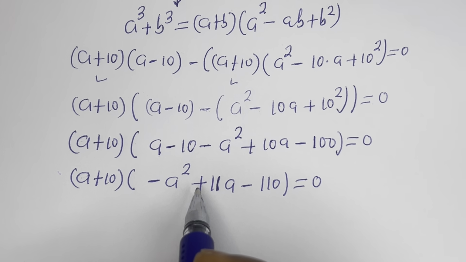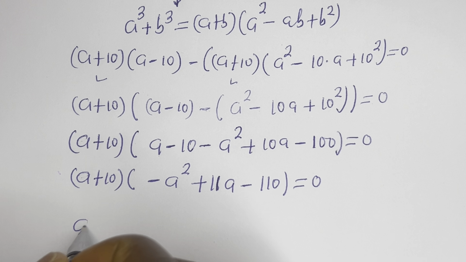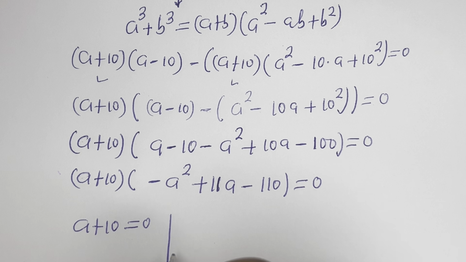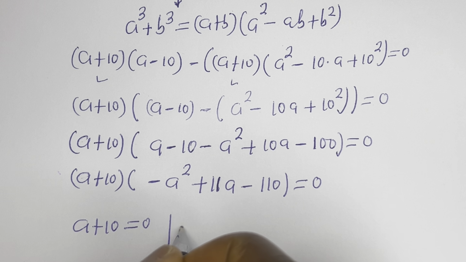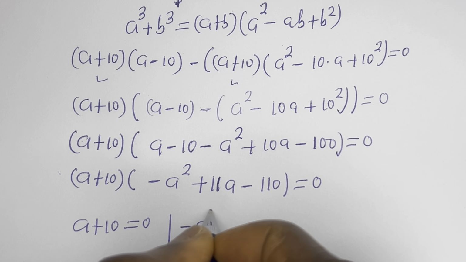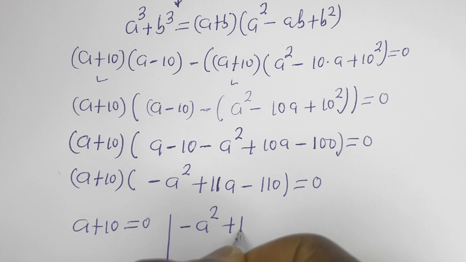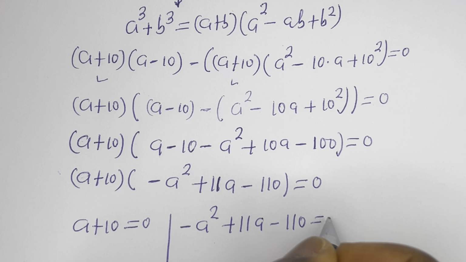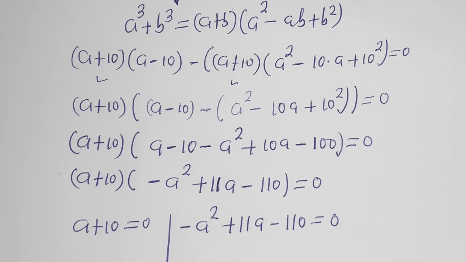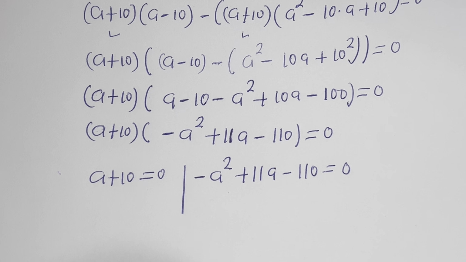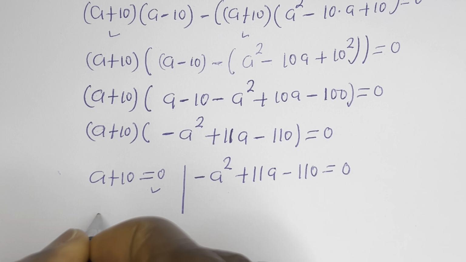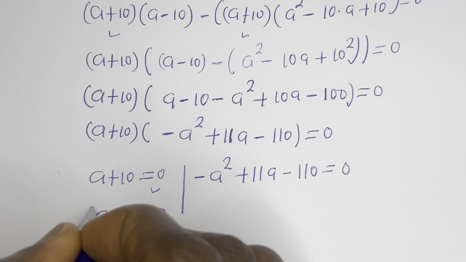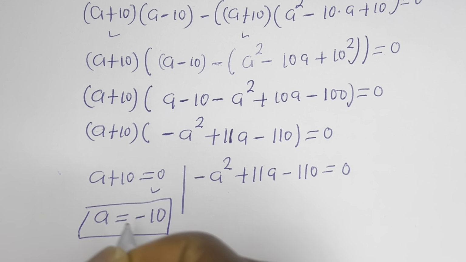The first case is a plus 10 is equal to 0. And the second case is minus a squared plus 11a minus 110 is equal to 0. Then from this, a is equal to minus 10. This is the first value of a.